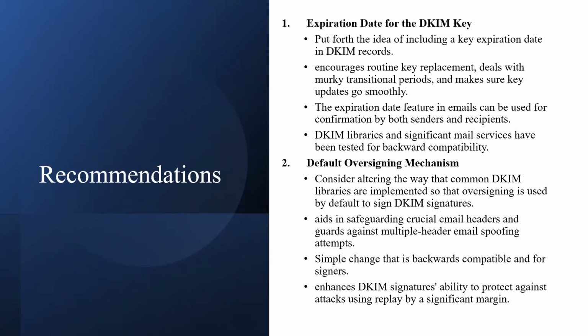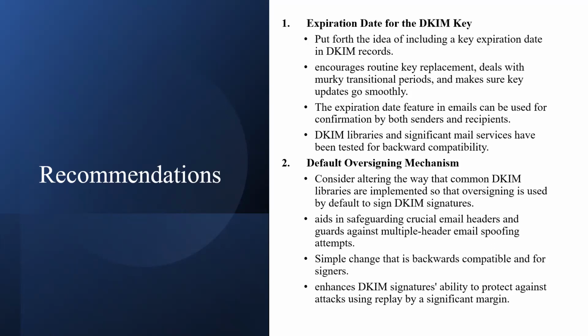And it also encourages routine key replacement, deals with the murky transitional periods, and makes sure the key updates go smoothly. The expiration date feature in the mails can be used for confirmation by both senders and recipients.